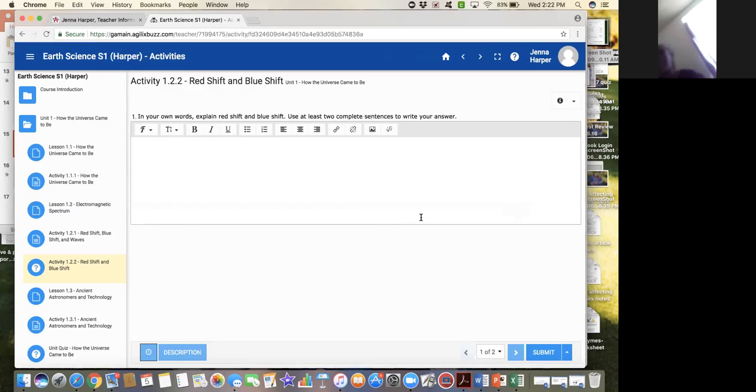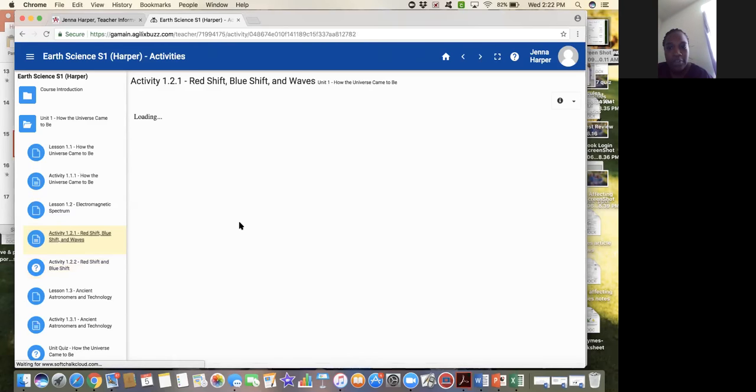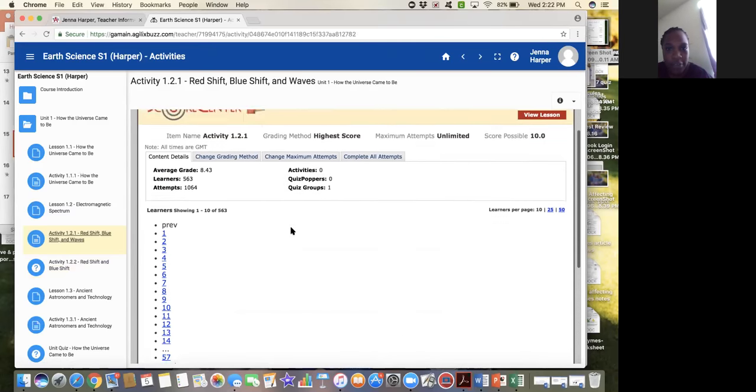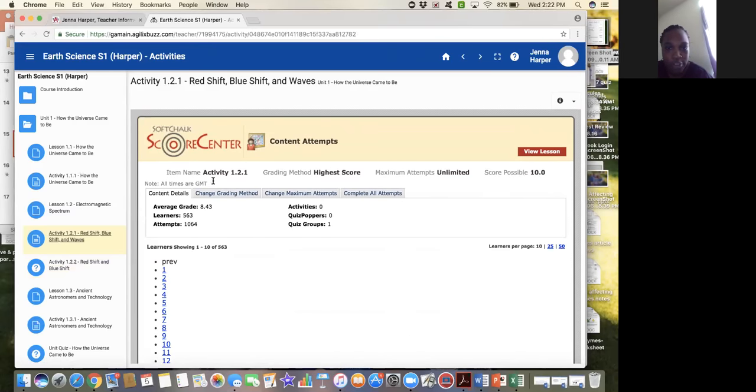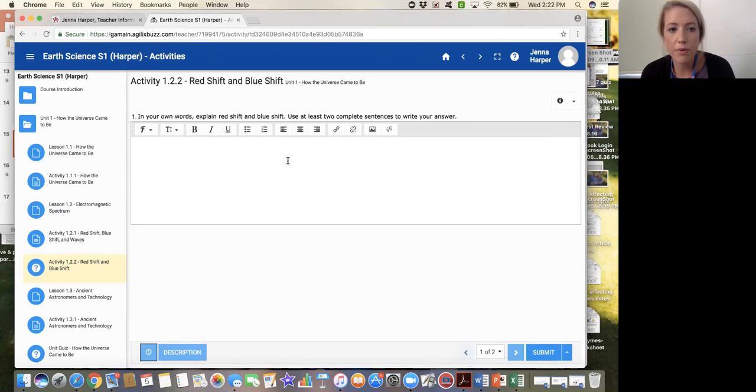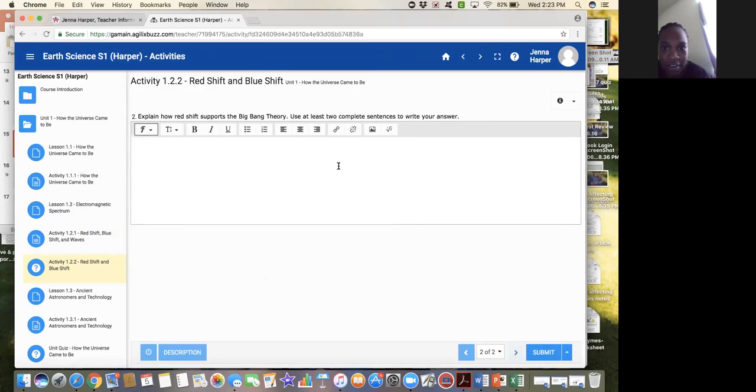Yeah, because I know that it was saying a red shift was farther apart and the blue shift was coming closer together or something like that. Mm-hmm. Like the waves are farther apart and the blue shift is like coming together. Right. So you probably just put it right here, and then you forgot to go to number 2, which was right here, and answer the second question.